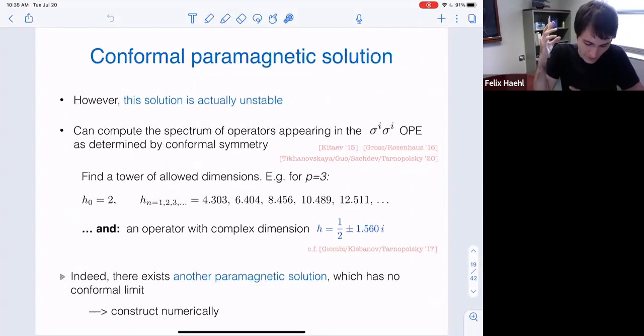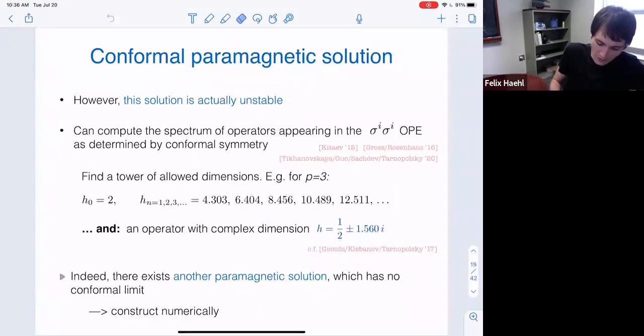But then what we found is that this solution is actually unstable. So, it exists. You can write down the solution. It's analytically, it's all fine. But something deeper goes wrong with this solution if you actually consider the consequences of this conformal symmetry in a more dynamical setting.